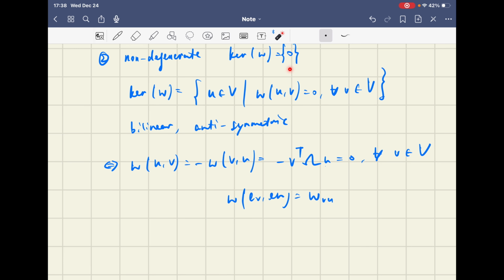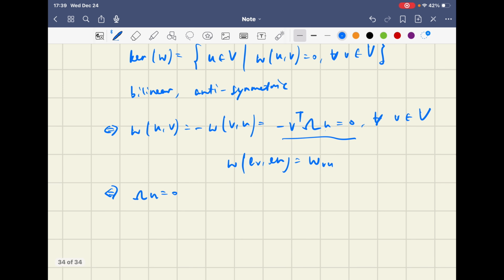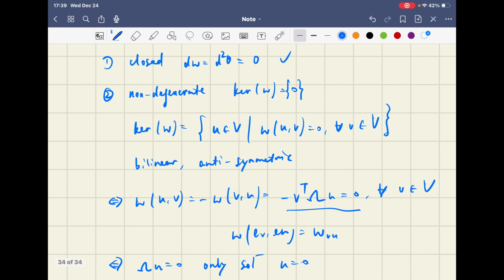So now we're asking the kernel of omega to be 0, and that is equivalent to saying, since this holds true for any V belonging to the space, that the only solution to the equation omega U equal to 0 should be U equal to 0.